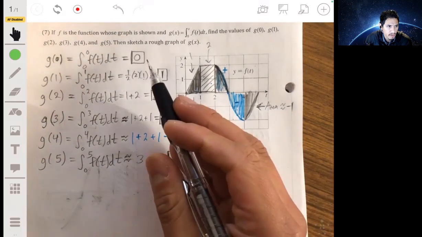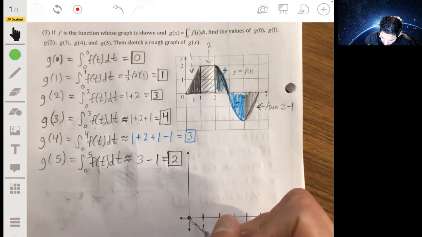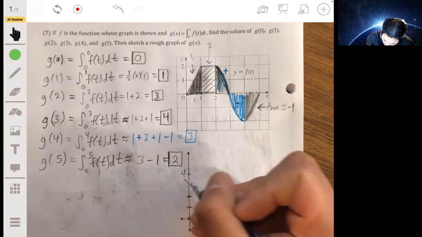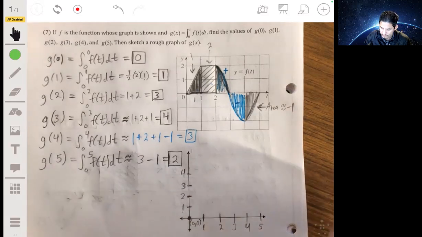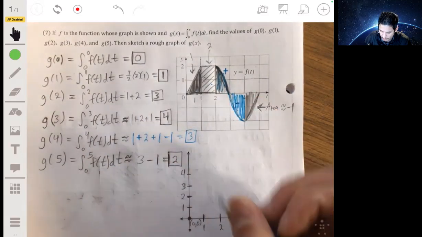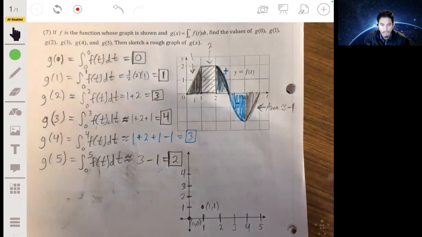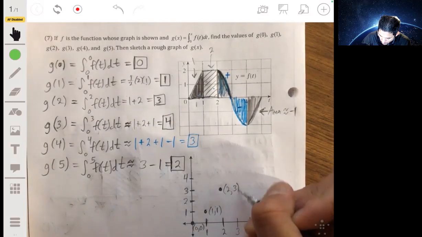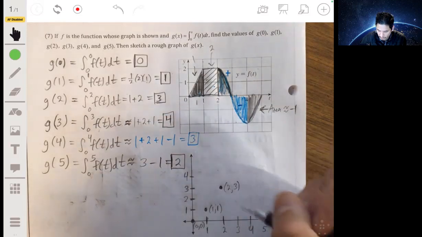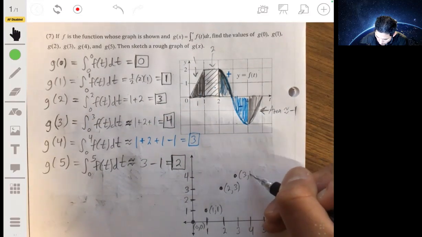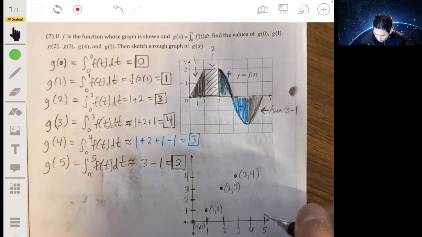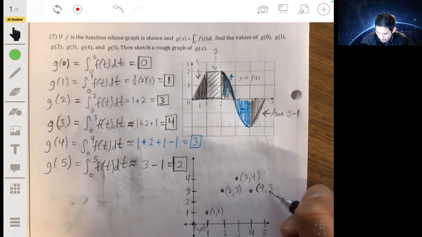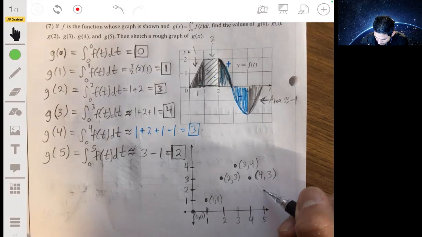So g of 0 will be 0, so we're going to have a point at 0, 0. g of 1 is 1, so we're going to have a point at 1, 1. g of 2 is 3, so a point at 2, 3. g of 3 is 4, so a point at 3, 4. g of 4 is 3, so a point at 4, 3. And g of 5 is 2, so a point at 5, 2.